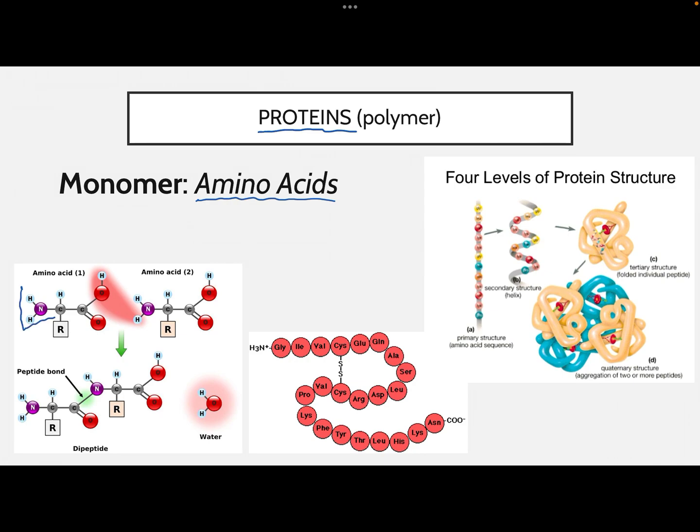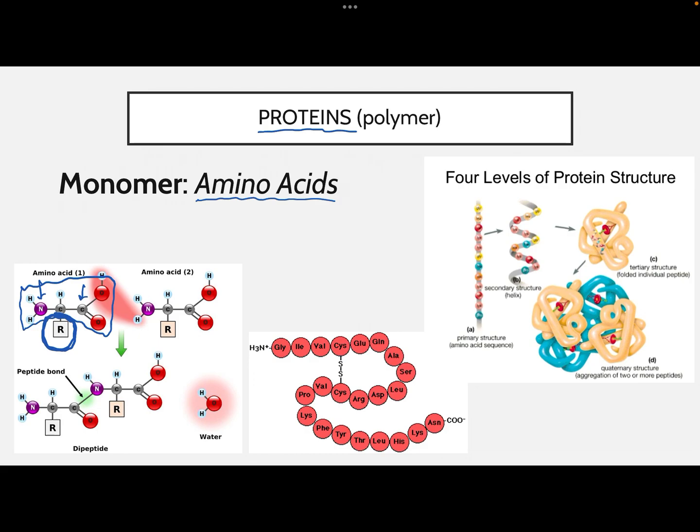They have this part that has a carbon in the middle, and on one side of that carbon, there's a nitrogen attached to a couple of hydrogens. On the other side of that carbon, there's another carbon attached to a couple of oxygens. And then we talked about this R group, this side chain, the other day. There's something else attached to it.